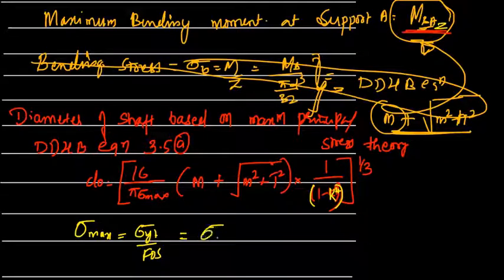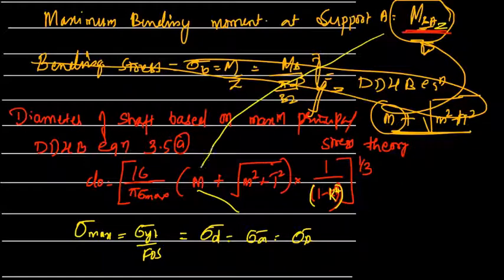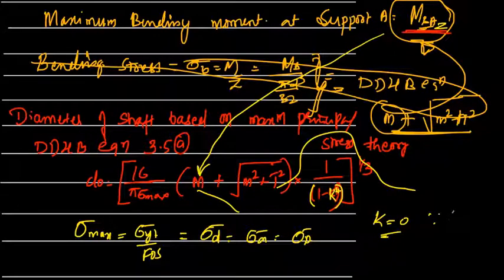This is sigma max, equal to the design stress, allowable stress or permissible stress. I have already calculated it here. Refer to this M and substitute here. T we already got from the torque equation. Now k equals 0 because it is a solid shaft. Now you are going to get the diameter.